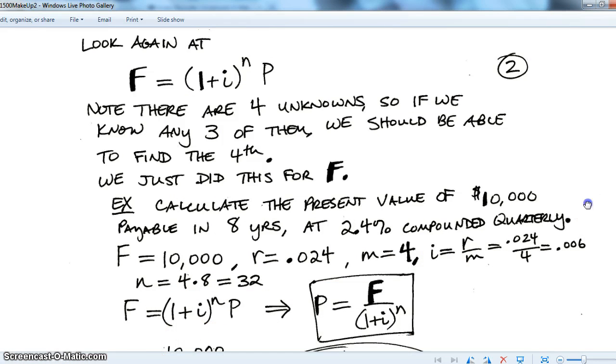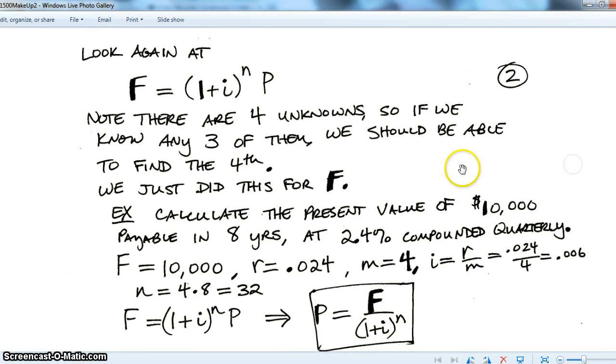Okay, going on to second page. Let's look again at this formula, F equals 1 plus I to the n times P. There's 4 unknowns here, so if you know any 3 of them, you should be able to find the 4th.